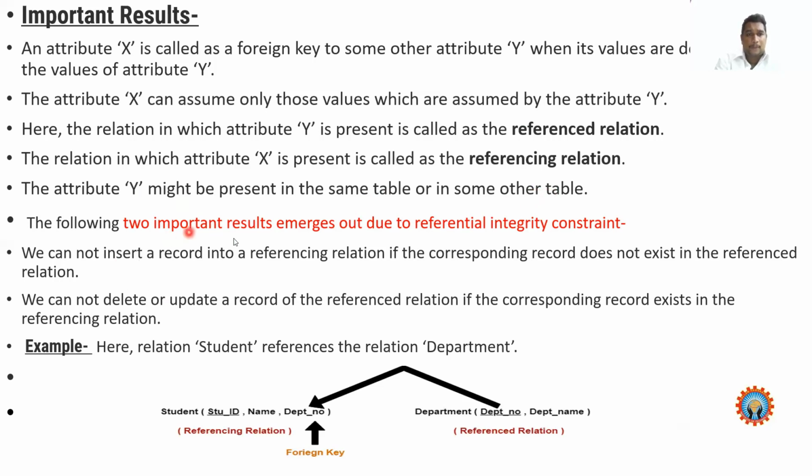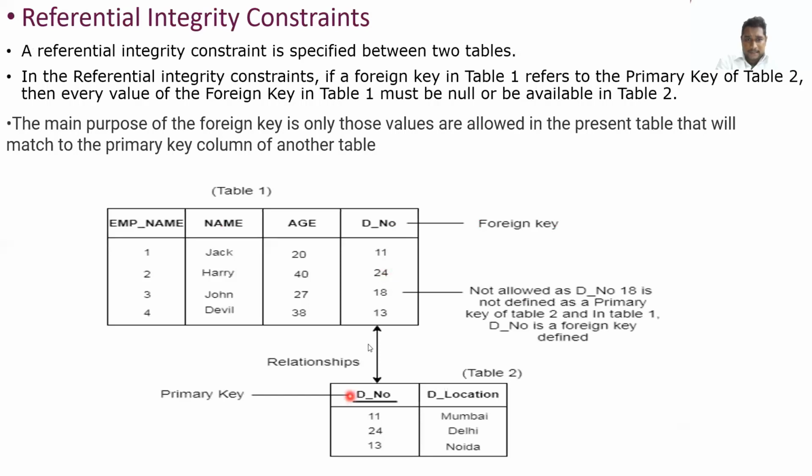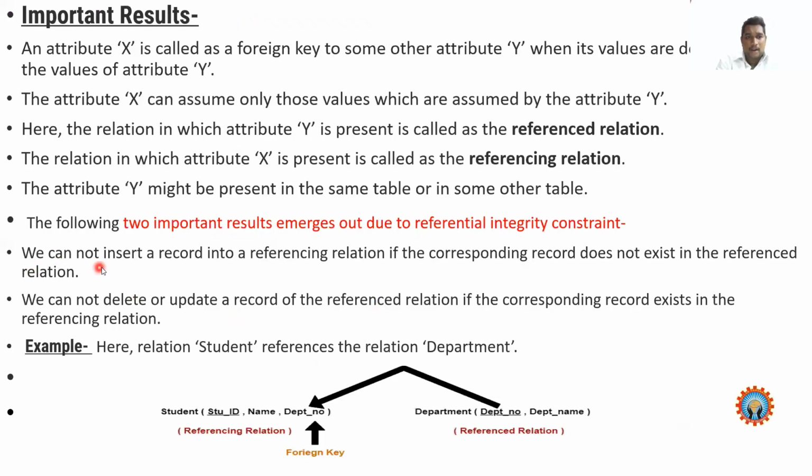Okay, we have two important results that emerge due to referential integrity constraints. See, already we discussed the two important concepts. We cannot insert a record into a referencing relation if the corresponding record does not exist in the referenced relation. Whatever data you are inserting in the foreign key, it should be available in the primary key relation.